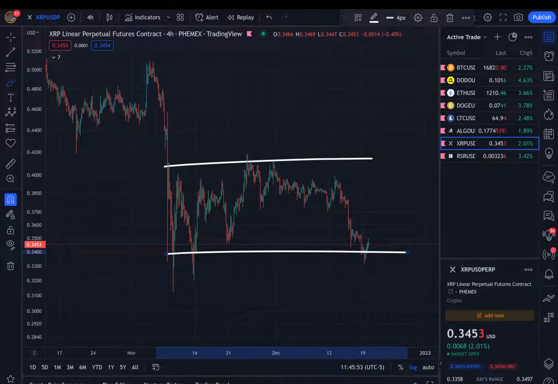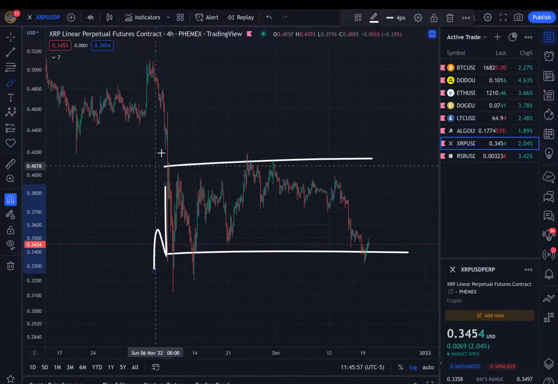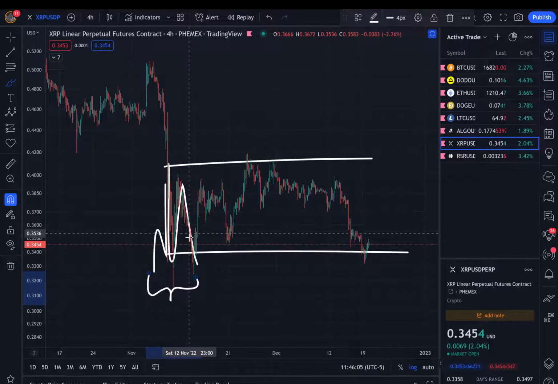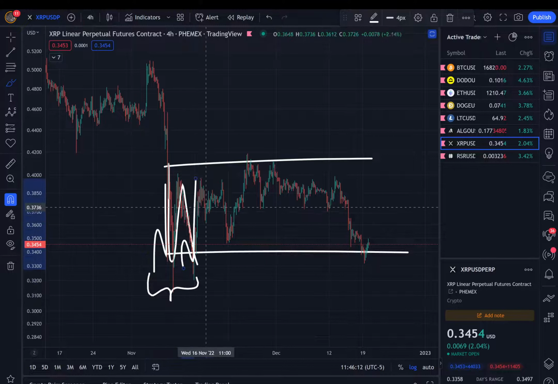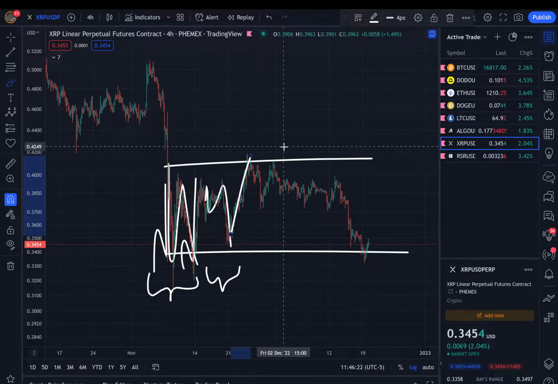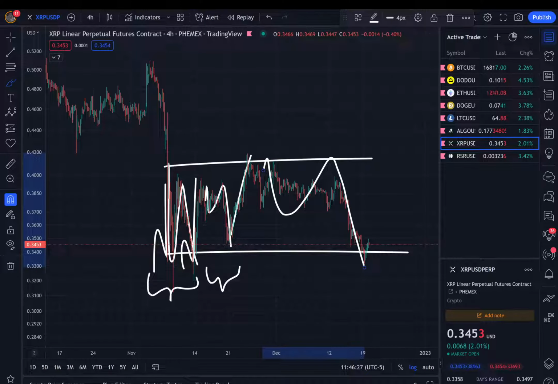The analysis is simple. This is a range, and this range created an initial break of structure, a counter, okay? This is the first degree for me in this range. If this is indeed a reversal range, which we believe it to be, okay? And then you got another move up, and then a counter, okay? That's the second. I think that's a zigzag. And then finally, a third move up and a counter, okay?